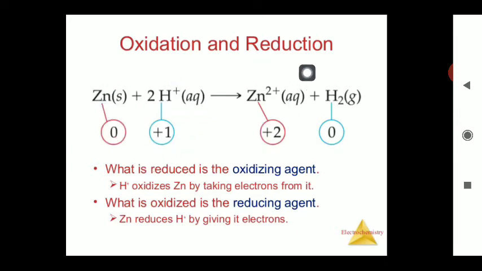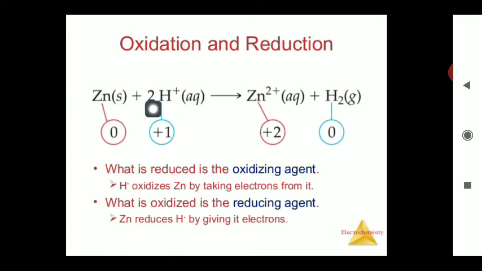This is the zinc ion, so its oxidation state is +2, and this is the H2 molecule and its oxidation state is taken as 0. So in this complete reaction, the oxidation number of zinc increases from 0 to +2. So this is the step of oxidation.